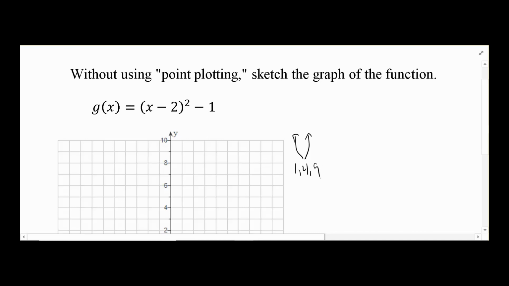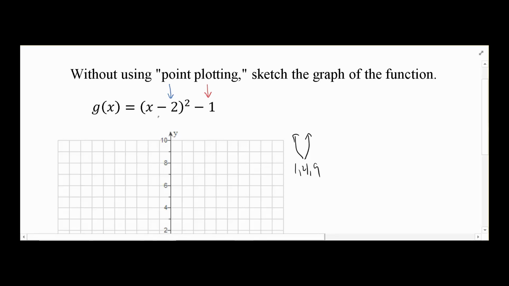But now we have two different things going on. We've got a minus 2 directly next to the x, and we've got a minus 1 after the whole thing. That minus 2 that's directly next to the x, remember, next to the x is the left and right direction.